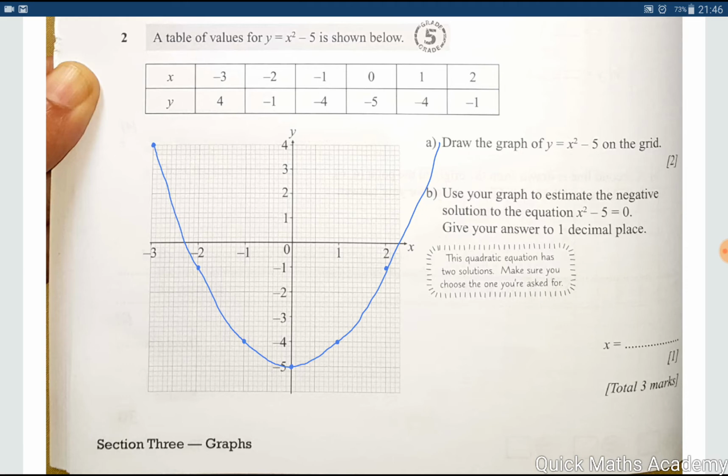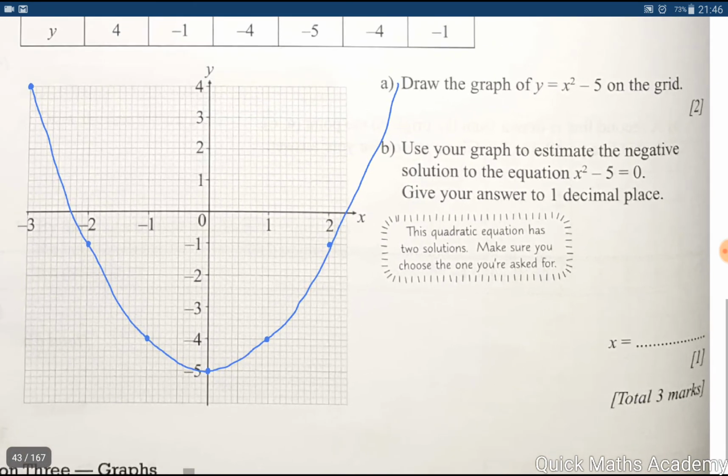So, yeah. Use the graph to estimate the negative solution of the equation x squared minus 5 equals 0. Okay, so we have the chart. Again, when I have something like this, I want to know the zeros. What are the zeros? The zeros are where the function touches the x-axis.